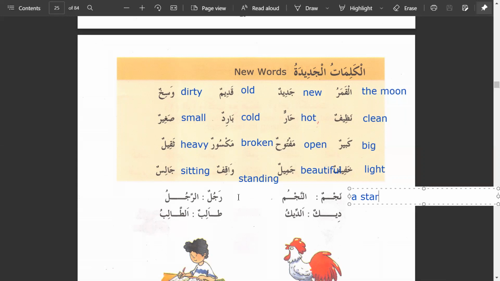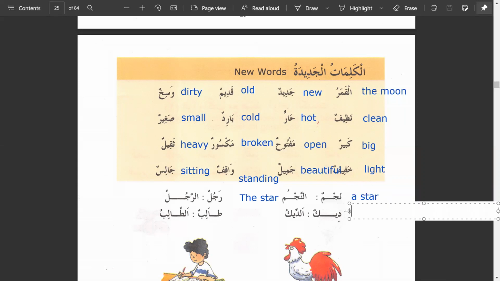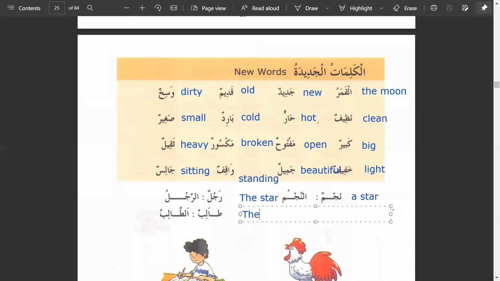An-najmu, the star. Dikun, a rooster, ad-diku, the rooster. Rajulu, a man, ar-rajulu, the man.